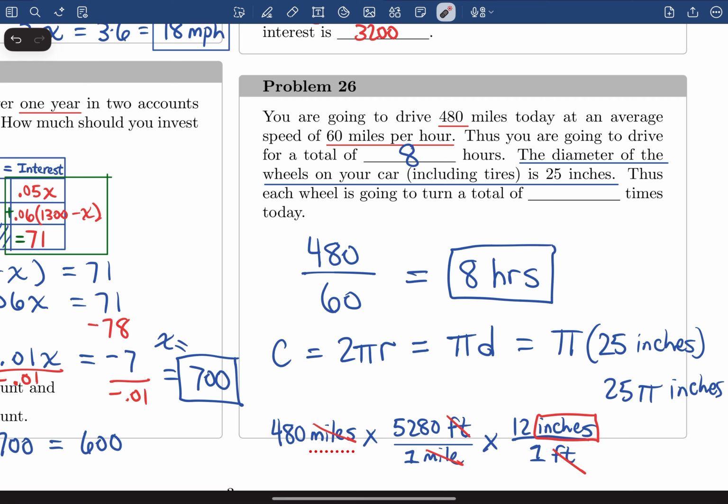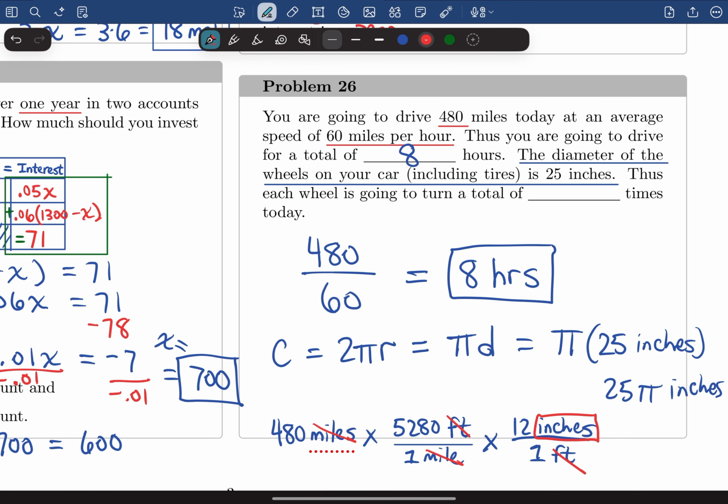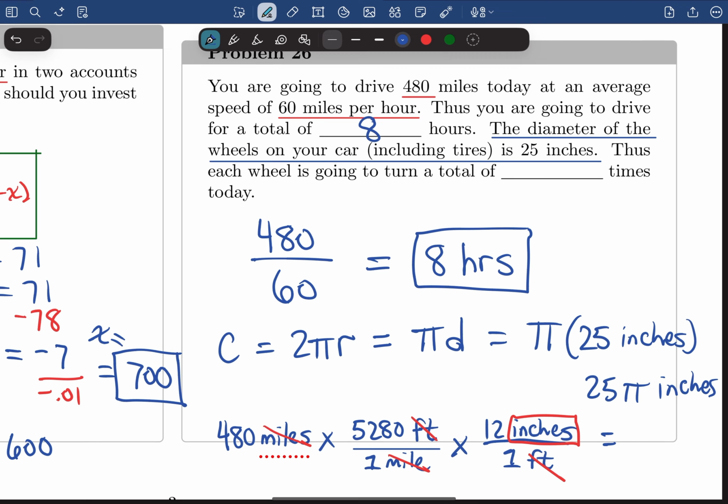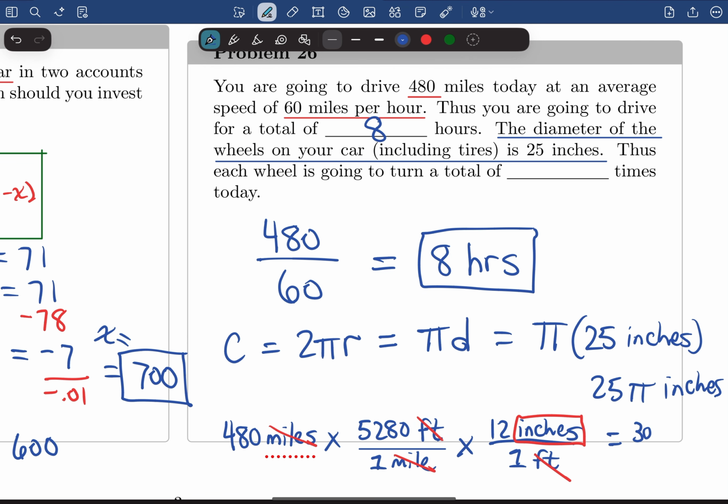So it's just 480 times 5,280 times 12. And I will quickly calculate that. And, well, I get 30,412,800 inches. Okay, that's the total distance I traveled.